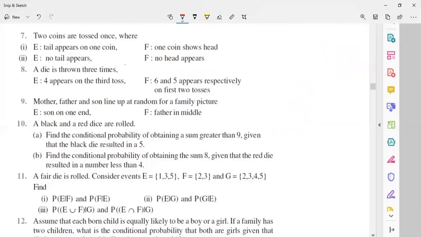Same question: no tail appears, no head appears. Okay, so no tail appears, no tail means only head. E will be equal to no tail, means only head. And no head appears, so F will be only tail.